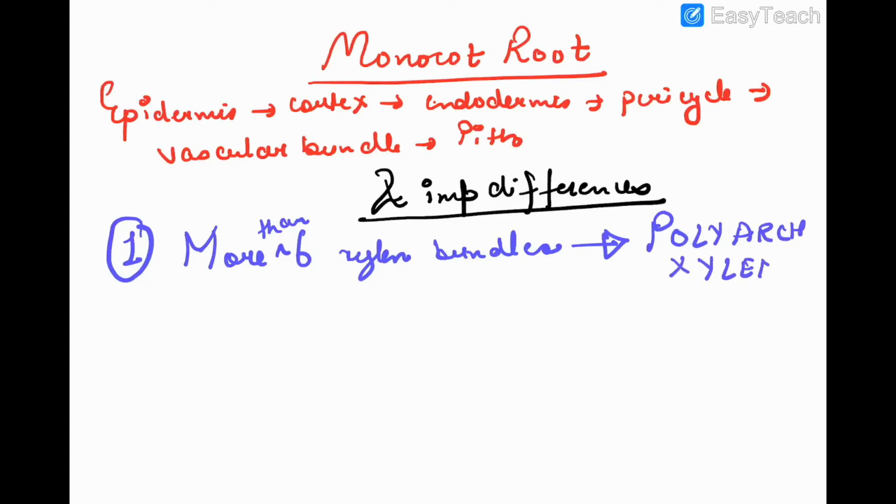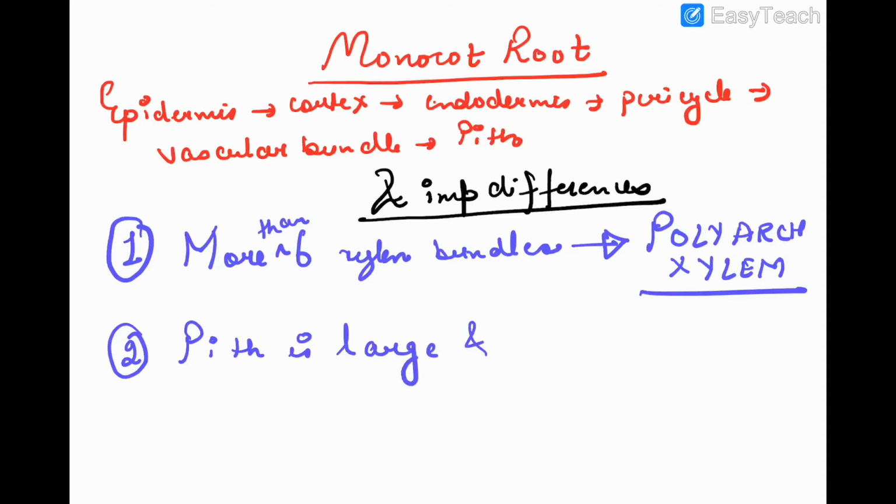And the second difference is that pith in monocot root is large and well developed. The pith in the dicot root was very small and less developed, whereas in the monocot root it is very large and well developed. And of course, because monocot root does not have vascular cambium, it does not undergo secondary growth.